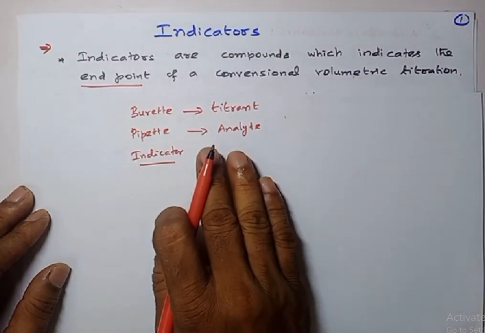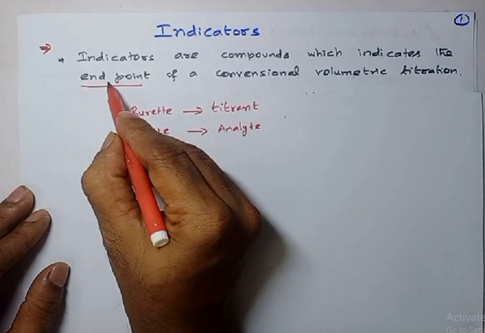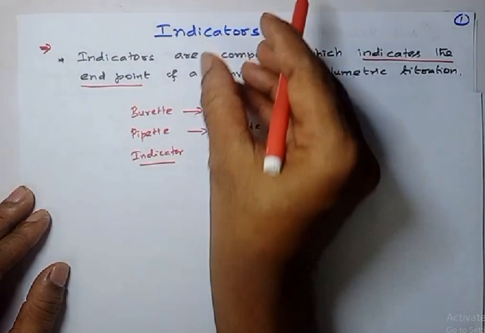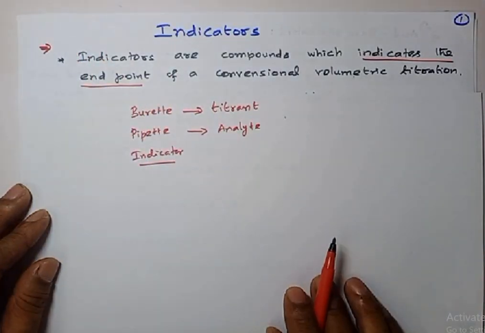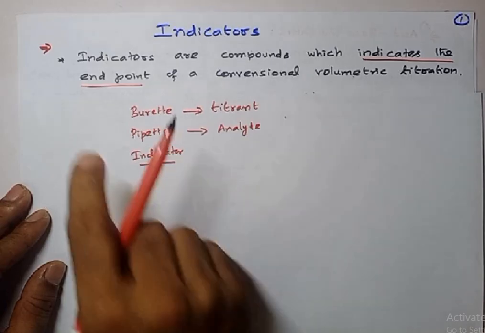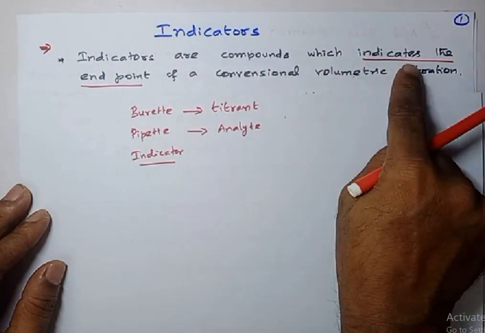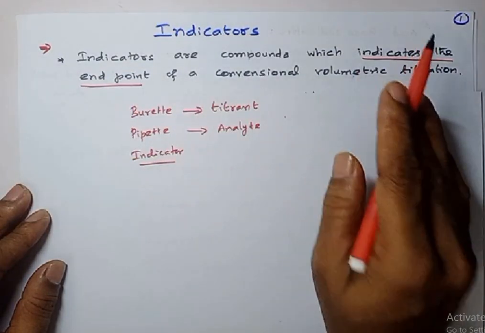In conventional volumetric titration, to indicate the end point, we use some chemical compounds called indicators. I repeat, what are indicators? Indicators are compounds which indicate the end point of a conventional volumetric titration.